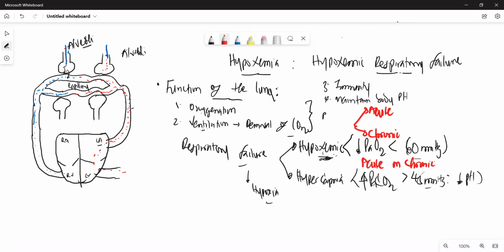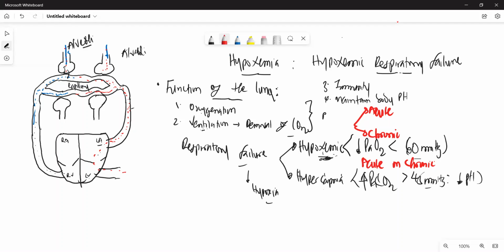So a patient can have acute hypoxemic respiratory failure. And when is it acute, right? If there's a sudden drop in the PaO2, right? So if the partial pressure of oxygen suddenly drops, that will lead to acute hypoxemic respiratory failure. As opposed to chronic, which is a gradual drop in the partial pressure of oxygen. So that usually leads to chronic.